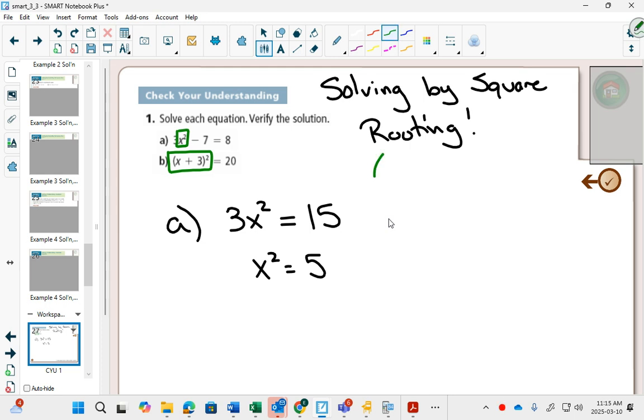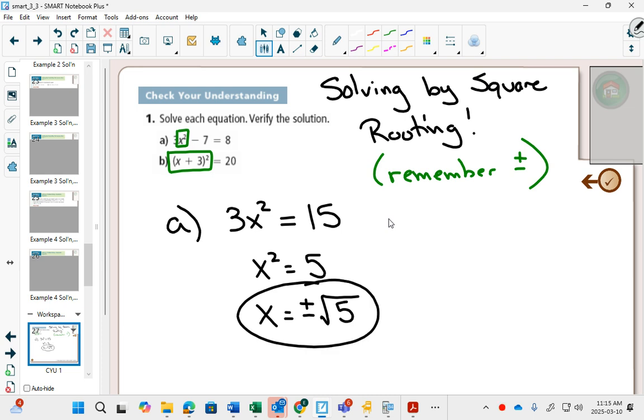Maybe you want to add this note for yourself, that when you do square root both sides, because a number squared could be positive or negative to equal something, when you square root both sides, we have to add the plus or minus. So our answer is plus or minus the square root of 5.